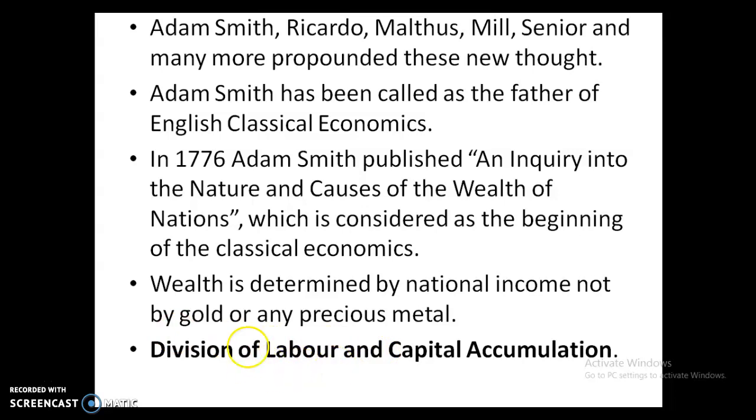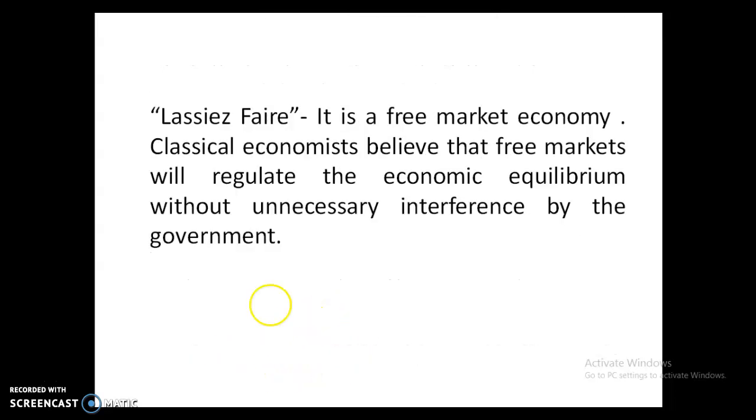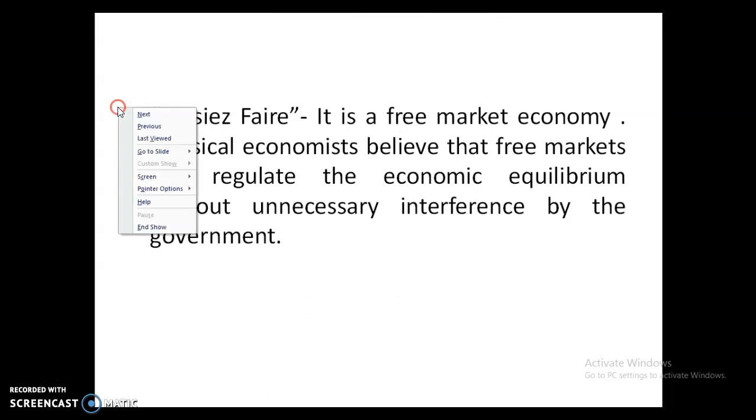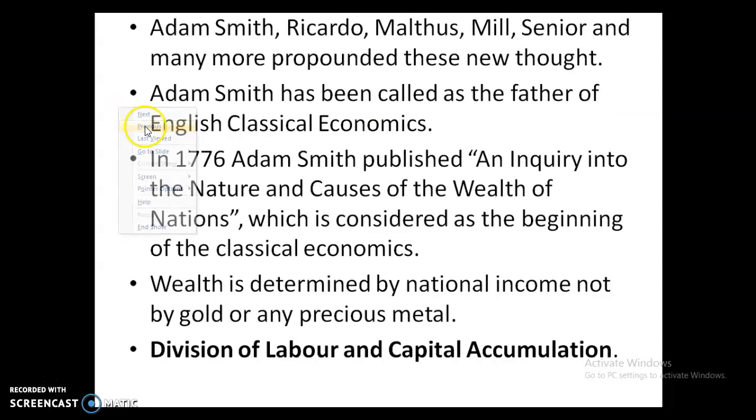So, what does division of labor mean? Division of labor means that a whole task is divided into small parts, and a worker is assigned to work on a small part of the whole task.